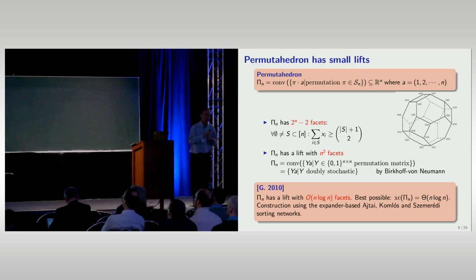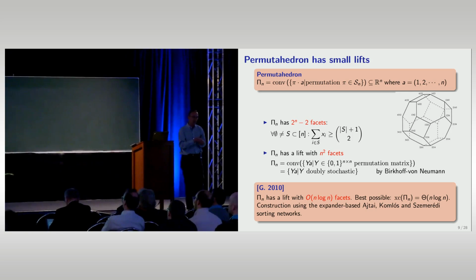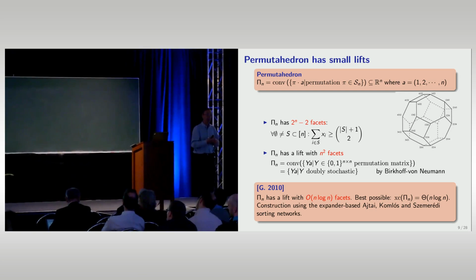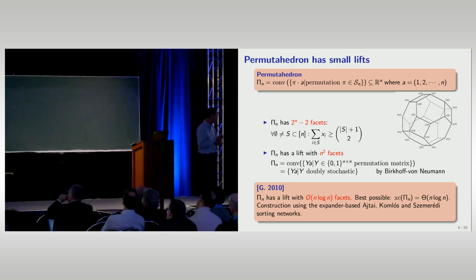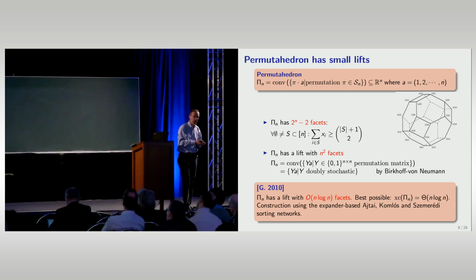And this is not completely obvious, is that you can actually go in n log n dimensions and have n log n inequalities, and represent the permutahedron in that space, and that's based on sorting networks based on expanders, construction of Ajtai, Komlos, and Szemeredi. And n log n is possible, so you cannot express the permutahedron with fewer facets.